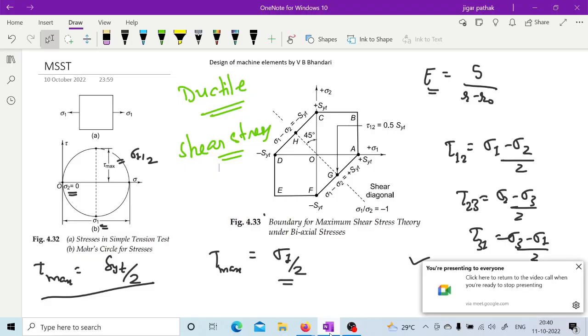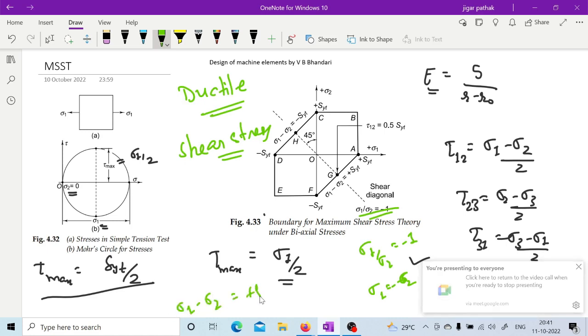Okay, so by using this equation, sigma 1 by sigma 2 equal to minus 1 is also a line equation. Sigma 1 is equal to minus sigma 2, and you already have the equation sigma 1 minus sigma 2 is equal to plus Syt. By combining both these equations you can come up with this point G, because it is the intersection of these two lines, so it will give you that particular point.